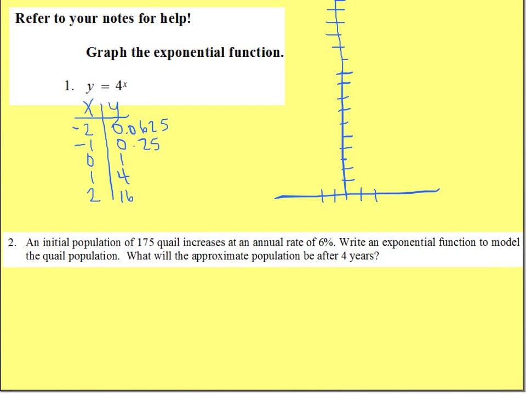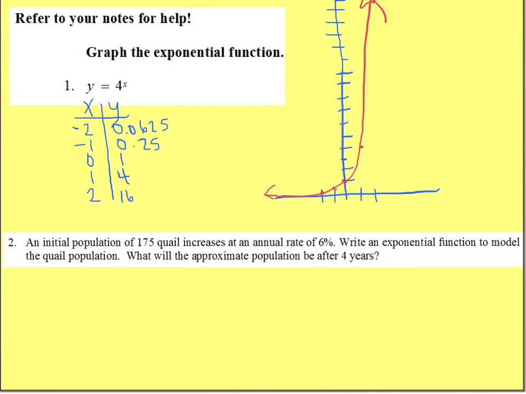So -2, 0.0625, that's just going to be really, really close to my x-axis. -1 is going to be a little bit above that. 0, I'm at 1. 1, I'm at 4. And 2, I'm all the way up here at 16. So my graph is going to look something like that.